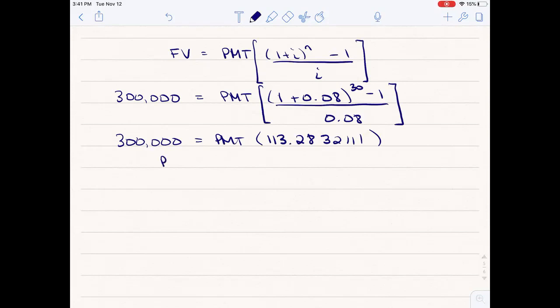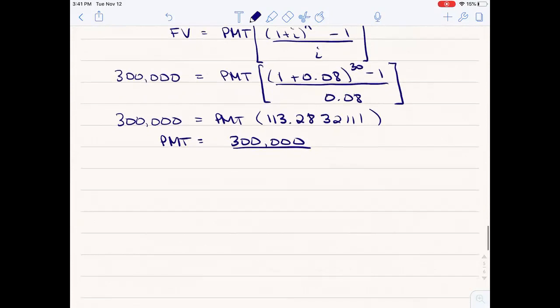And so PMT, if we're solving for it, has to be 300,000 divided by 113.2832111. Oops, probably not that last one.